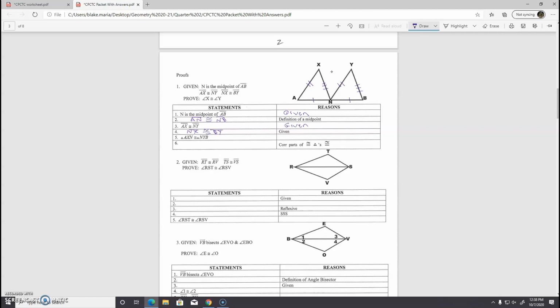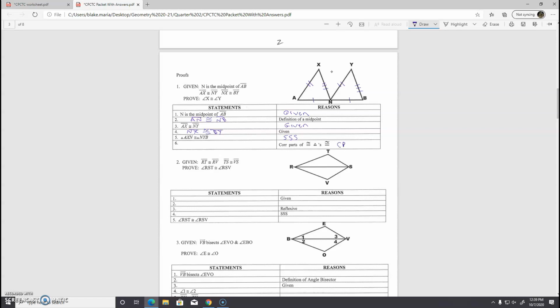So the next one says the two triangles are congruent. Remember, you have 5 ways to prove triangles are congruent. So if we look at these two triangles, they're congruent by side, side, side. And then your last step, if you say that triangles are congruent, you can tell me their parts are congruent.